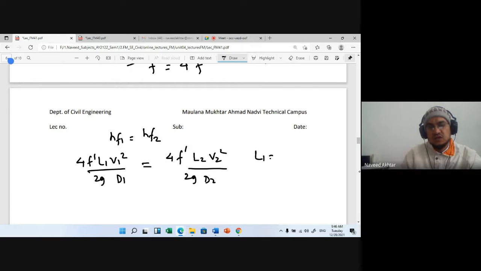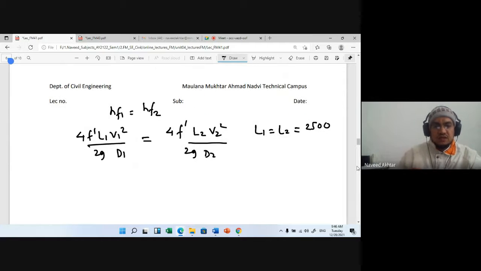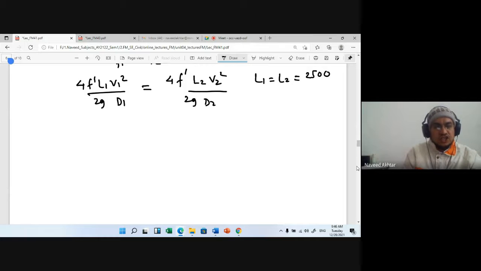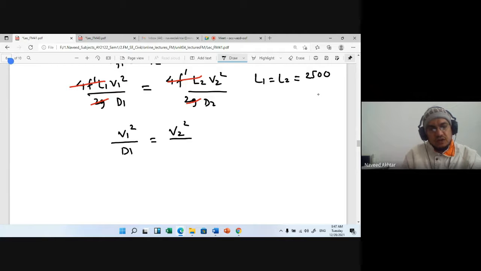Here L1 is equal to L2, that is 2500, so you can write down L. These terms will be cancelled. This term L is also the same, will be cancelled. 2g is also cancelled. What will be the remaining terms? The remaining terms are V1 square upon D1 is equal to V2 square upon D2. I will call this equation number 1.